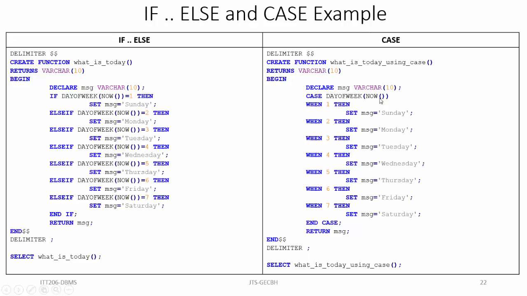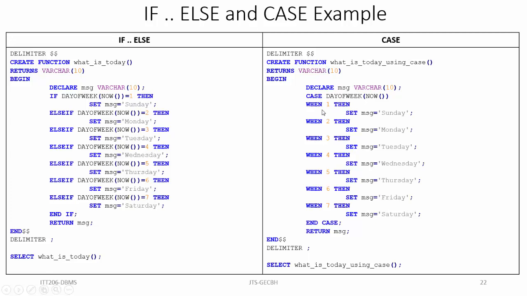So it is dayofweek of now; if today is Monday, it will return 2. Then we take the value that we got and compare it with all these values, and the output will be based on the value that we are getting. Inside case we use the keyword when. In a switch case we used case, but here we use when.